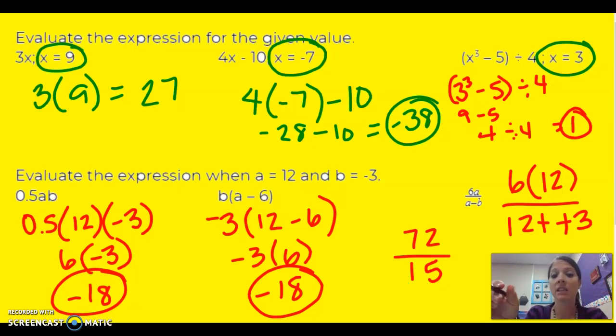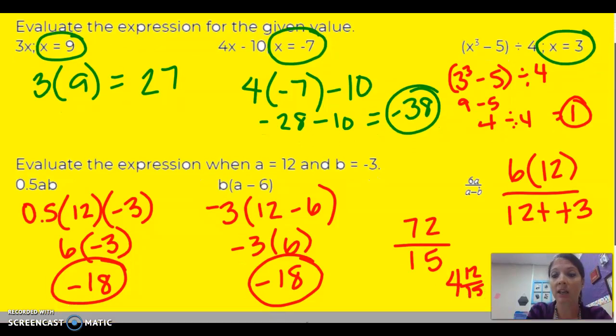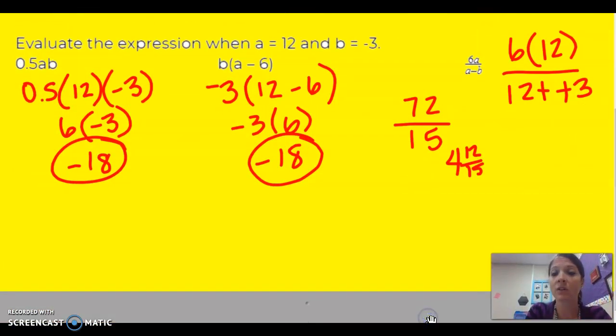So we can leave it as an improper fraction. We could turn it into a mixed number. That would be 4 and 12/15, which we can go down even farther and make that equal to 4 and 4/5.